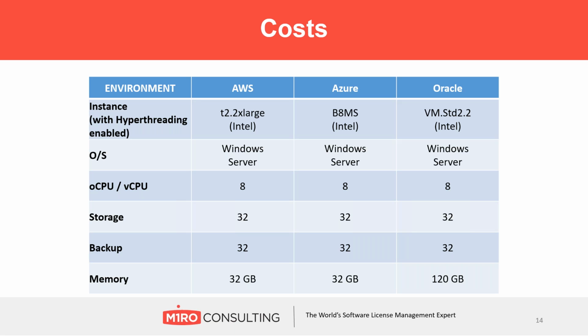This is a standard type of shape, and you see that there's 120 gigabytes of memory. And this is key because Oracle databases function better with more memory. Now, we'll use this illustration as we go forward.